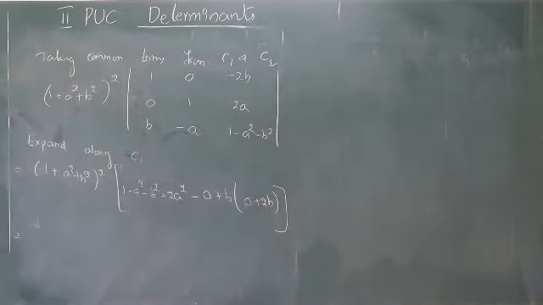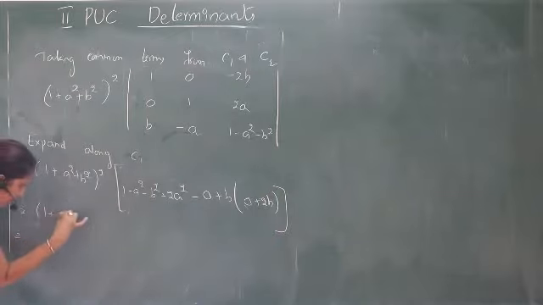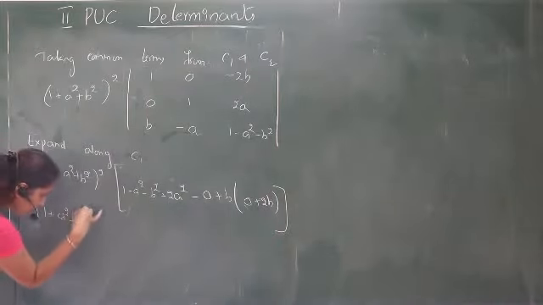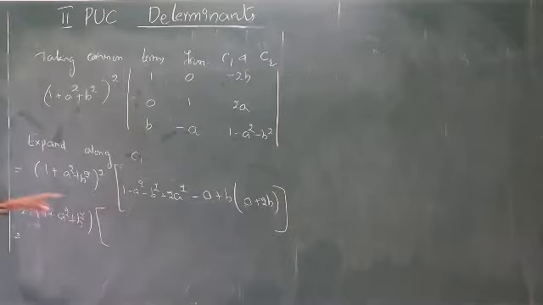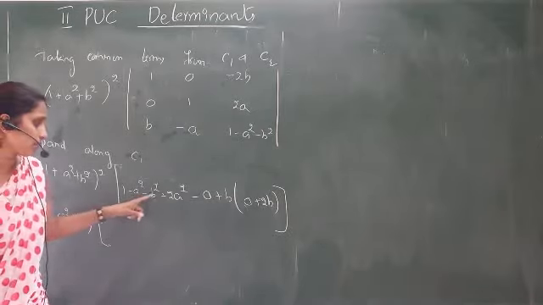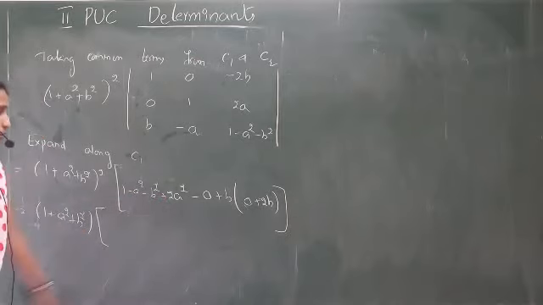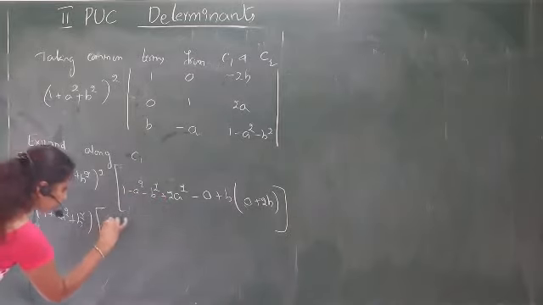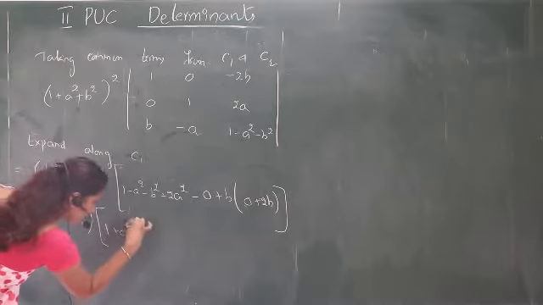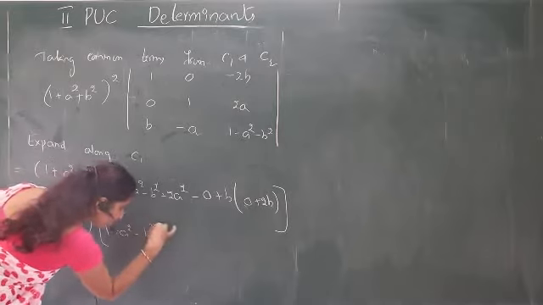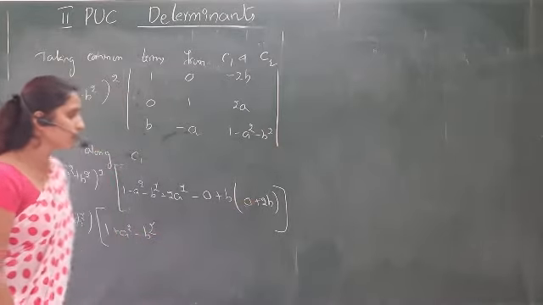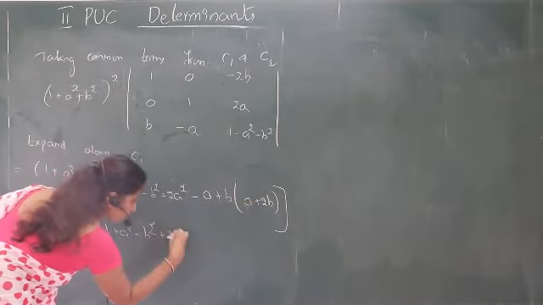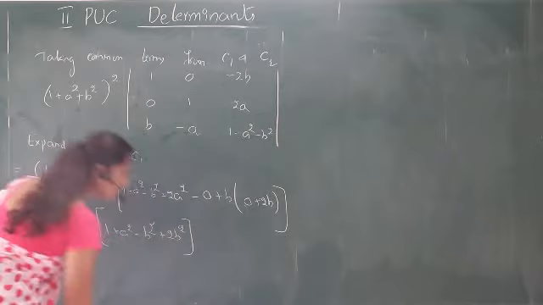Plus 2b. So this will be equal to 1 plus a square plus b square into, this will be 1 minus a square minus b square plus 2a square, which is 1 plus a square minus b square, so 0. So b into plus 2b is plus 2b square.